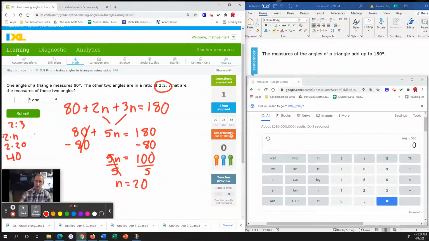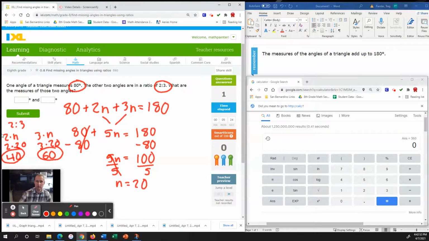And for the 3, we have 3 times n, and n is equal to 20 again, because n is always 20. That's what we figured out it to be. 3 times 20 is going to be equal to 60. So our three angles are 40, 60, and 80 degrees.